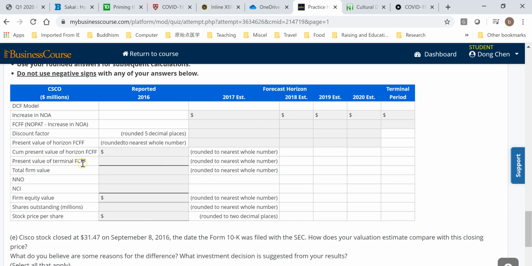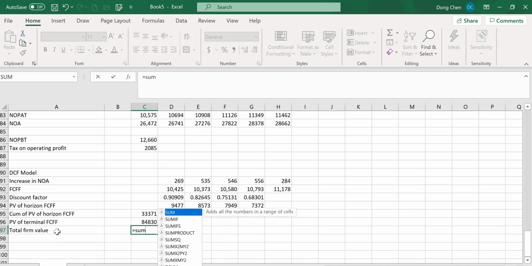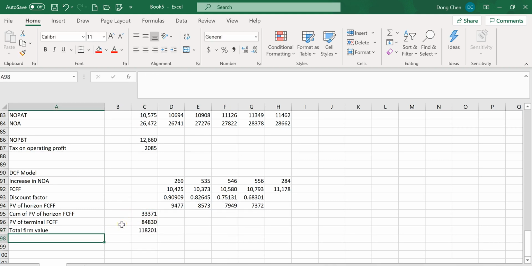So, present value of the terminal and the total firm value, right? Total firm value is basically the sum of these two numbers. Then we need to subtract NNO and subtract NCI, non-controlling interest, right?